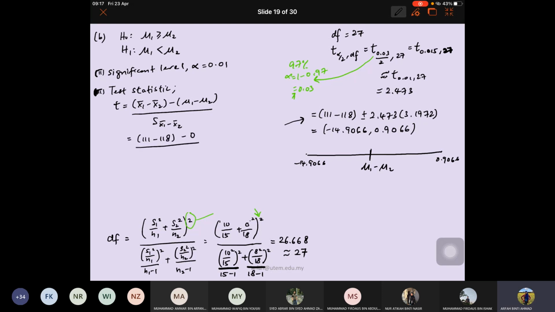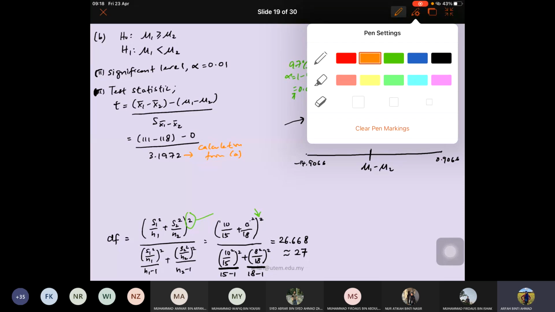Tadi kita dah kira S of X bar 1 minus X bar 2 dapat 3.1972. Okay. This one from calculation from A. So, kira dapat berapa dia punya test statistik?